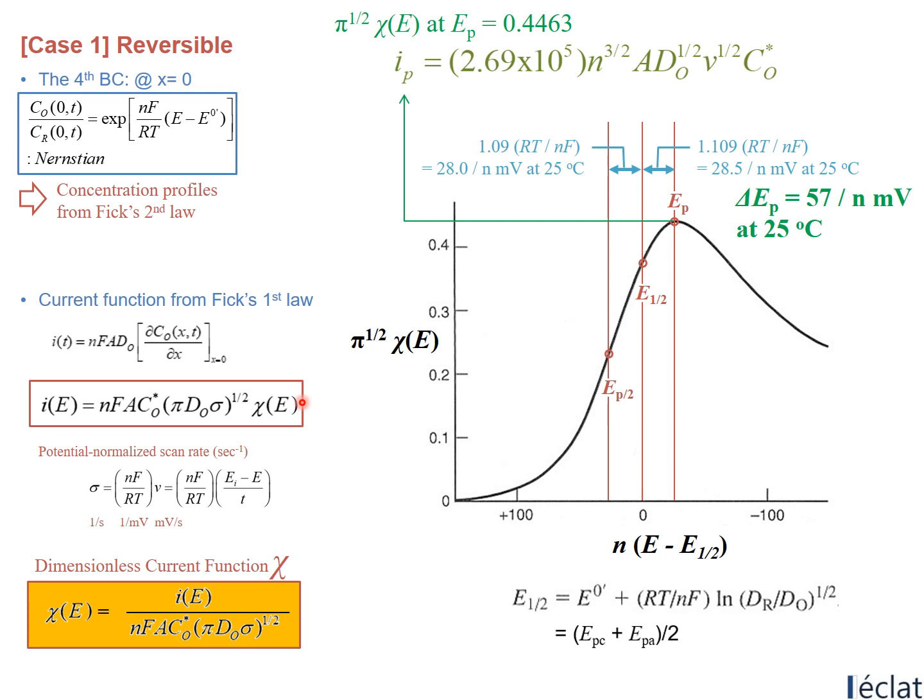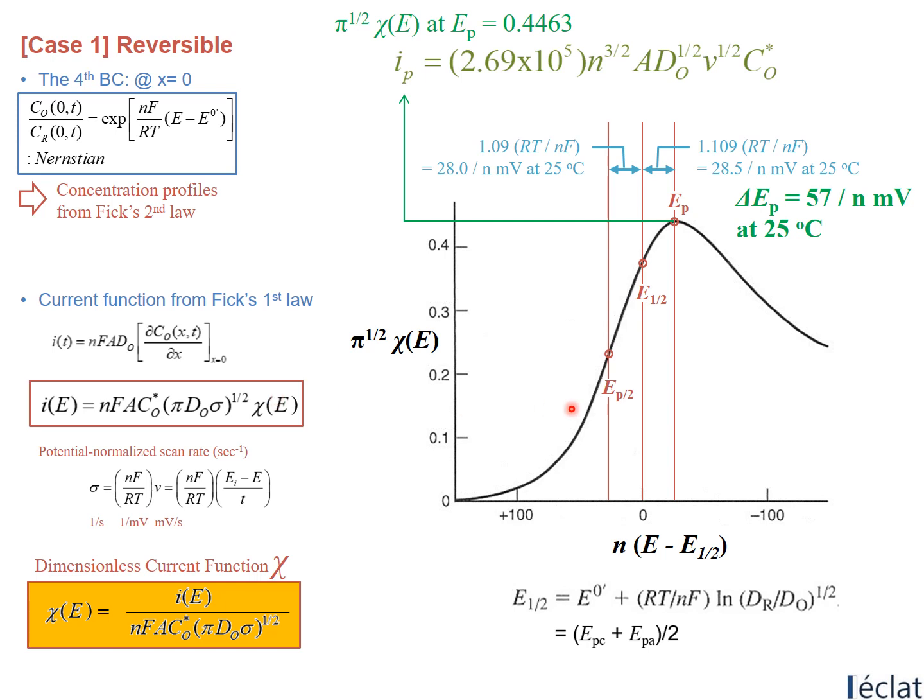Okay, so let me think about the shape of this chi function, because the current function is proportional to the chi function with some values of parameters. So the shape is determined by this potential dependent function.